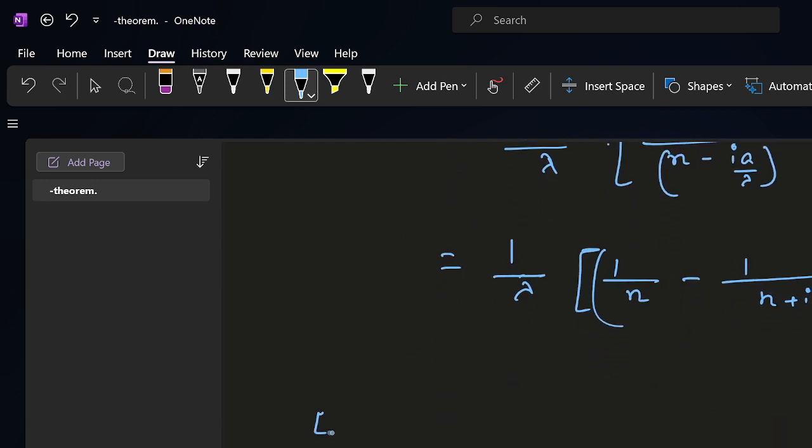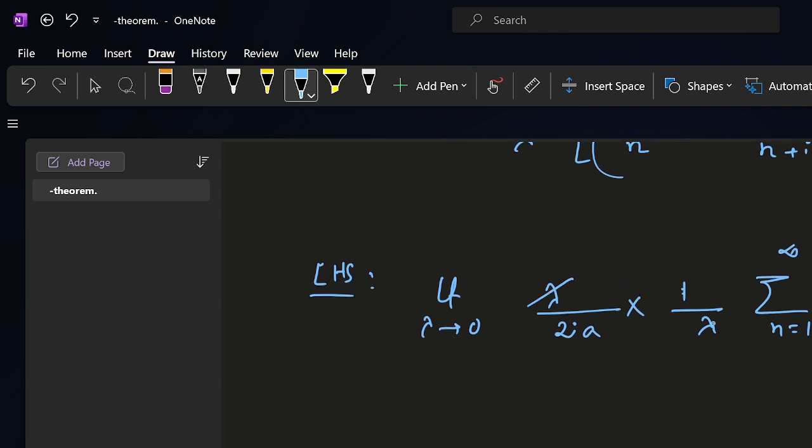So let us write that LHS: limit lambda tends to 0, lambda by 2ia into the whole closed form function, which has been changed to now 1 by lambda, then the summation from n equals 1 to infinity of 1 by n minus 1 by n plus ia by lambda minus 1 by n minus 1 by n minus ia by lambda.